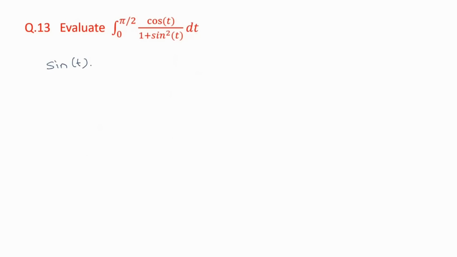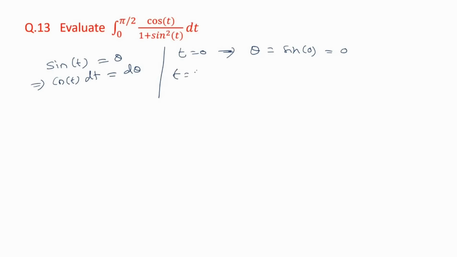Sine t equals theta, so this implies cosine t dt equals d theta, and the limits: t equals 0 implies theta equals sine 0, which is equal to 0, t equals pi over 2 implies theta equals sine pi over 2, which is equal to what? 1.